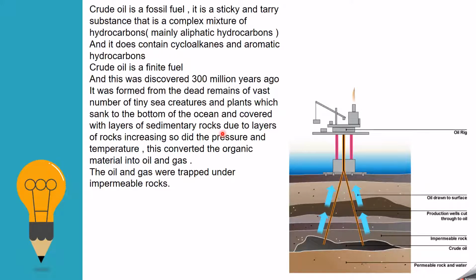This converted the organic material into oil and gas, which were trapped under impermeable rock. As you can see in this diagram, the crude oil is trapped by layers and layers of rock on top, and an oil rig is used to bring the crude oil from the bottom all the way to the top.